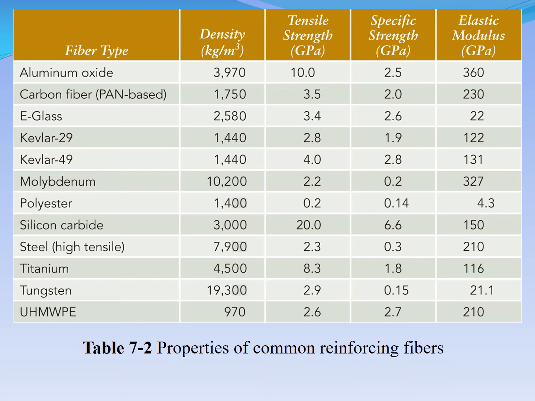So here is a table of the properties of some common reinforcing fibers: fiber type, aluminum oxide, carbon fiber, e-glass, Kevlar, and so on. Density, tensile strength, specific strength, and elastic modulus, right? So these are properties.